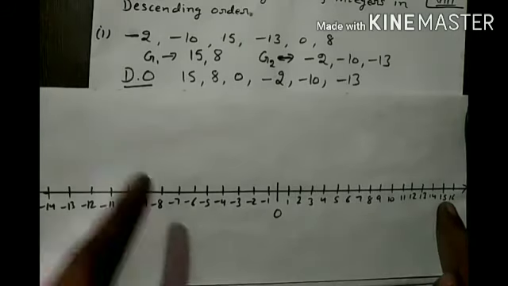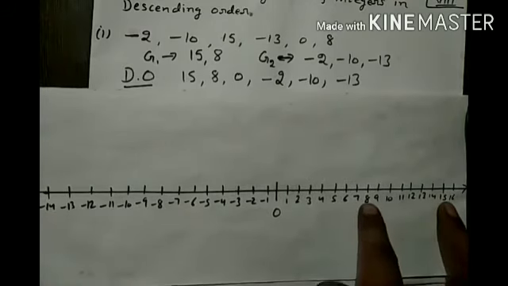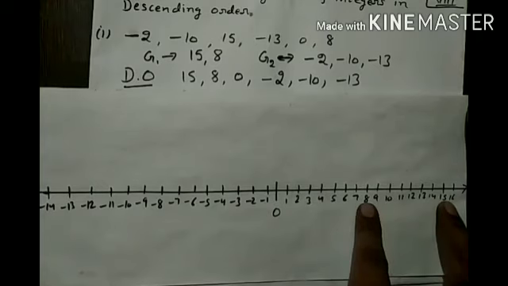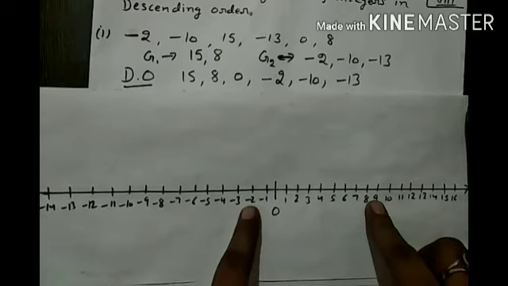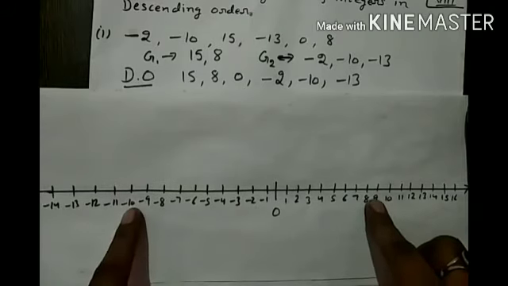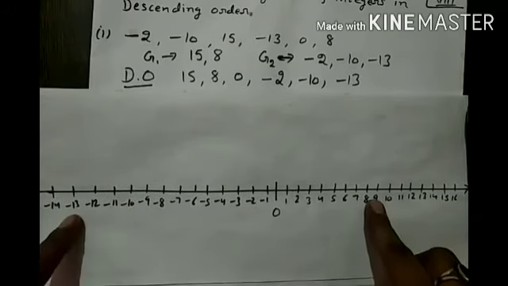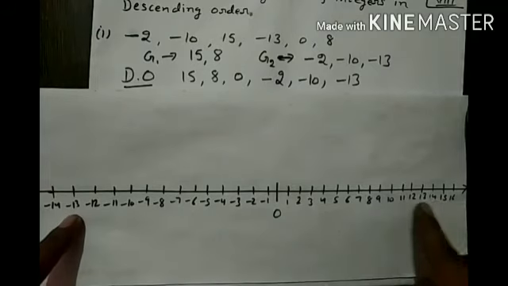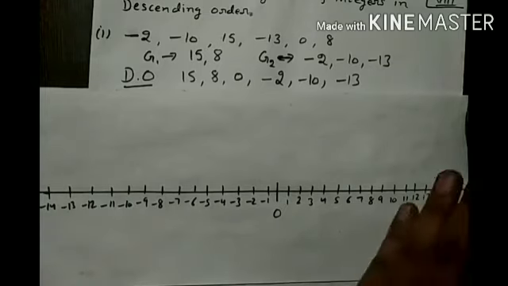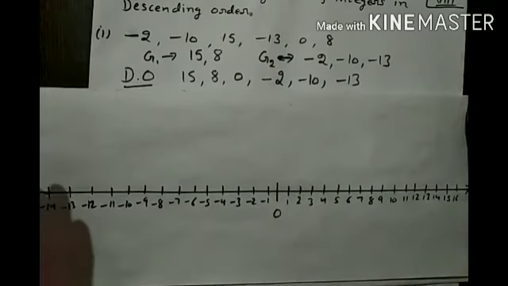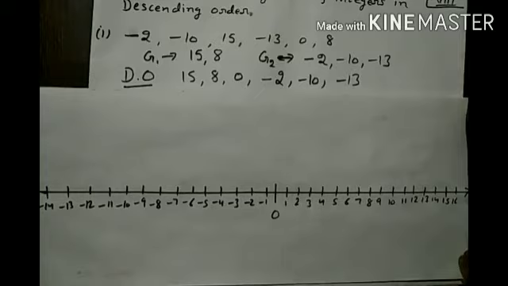After that 18, this is on the left from 15. After that 0, then -2, after that -10 and then -13. So as we move from 15 to -13, the direction is toward the left side, and it is clear that as we move toward the left, the order is decreasing for the integers. So it justifies our answer.